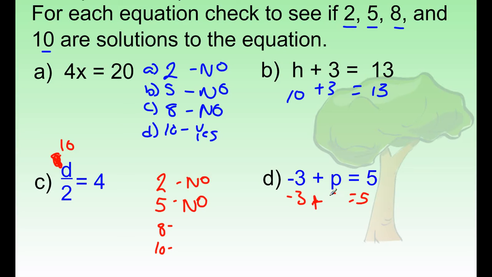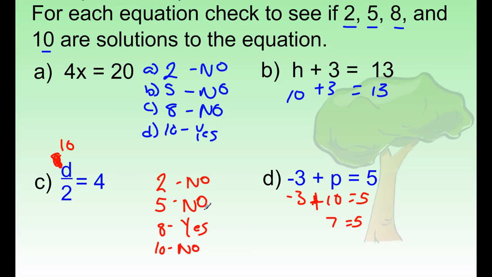Negative 3 plus 8 equals 5? Negative 3 plus 8 is positive 5, so yes, that worked. And finally, the 10. Negative 3 plus 10 gives us a positive 7. No, that one didn't work.